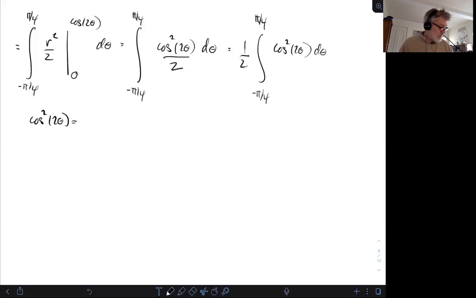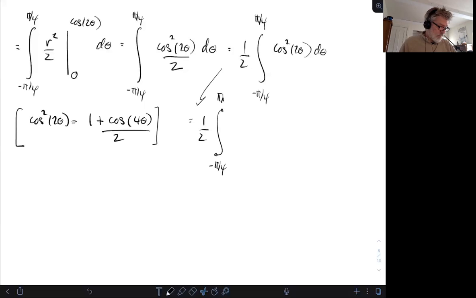If you look at this little identity, it is 1 plus cos of twice what's inside, so here it will be 4 theta over 2. I'm going to use that. So this is 1/2 integral from minus pi over 4 to pi over 4 of 1 plus cos 4 theta over 2 d theta.